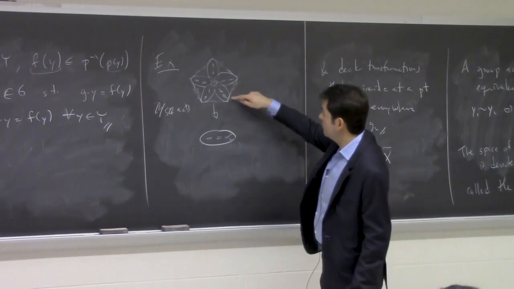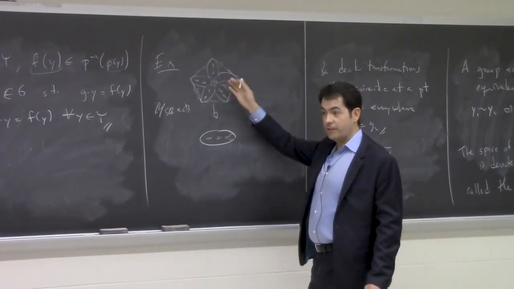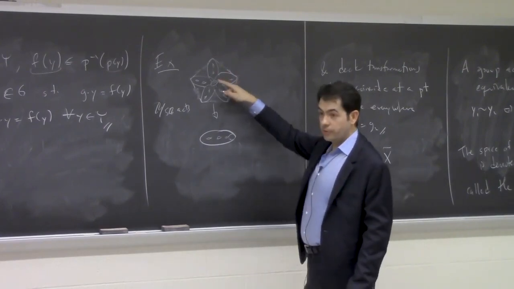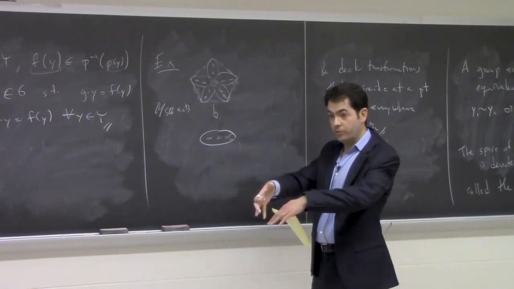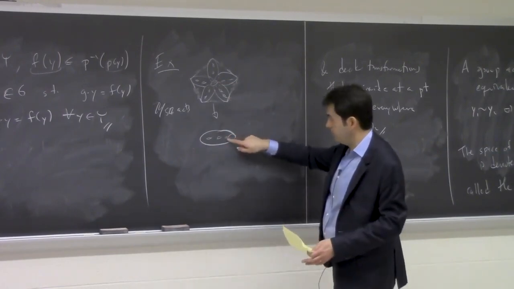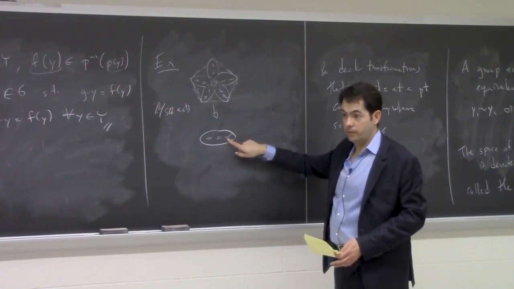Right? So you can think that each one of these tentacles, you think of it by itself, and it has these two circles, but those two circles need to get identified when you take the quotient, and so they close up and form this third hole.